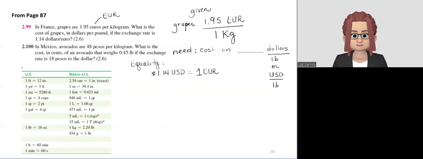So taking this into consideration, let's write down the cost of these grapes per kilogram, which means that 1.95 euro is going to cost us for 1 kilogram of grapes.